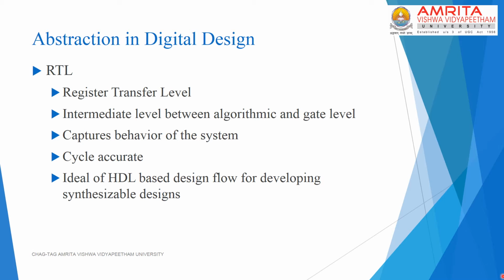So from the HDL point of view, both these levels of abstraction, that is the gate level and the algorithmic level, are not effective in describing a system which can eventually be modeled using an HDL.